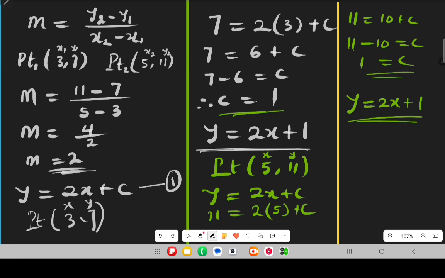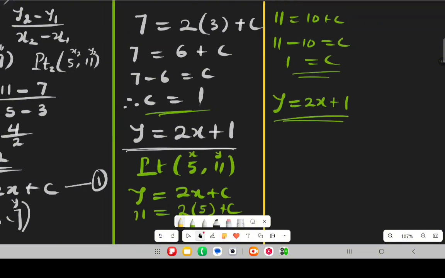What am I saying? After getting the gradient m, substitute it back into the form of the linear equation. Then look for the value of c using any of the given points. You can then get the equation of a straight line.